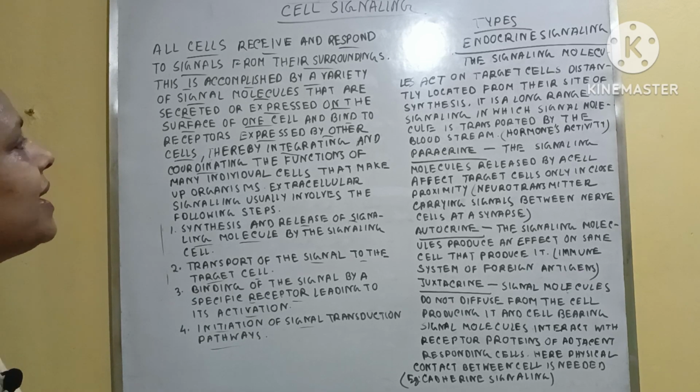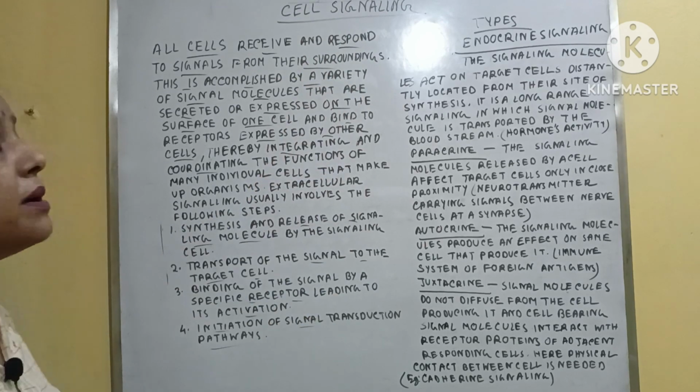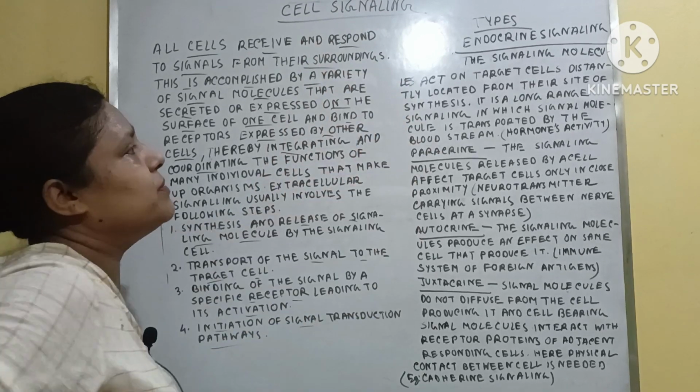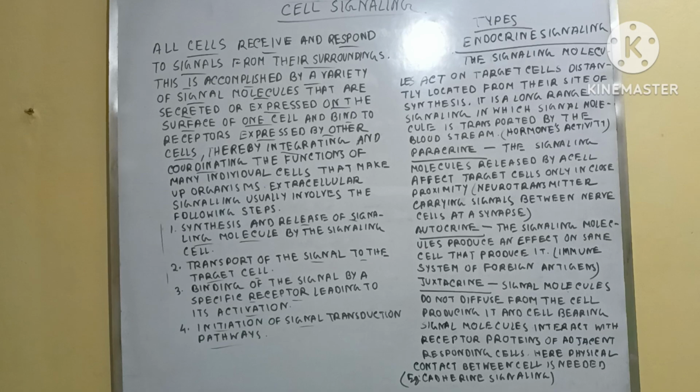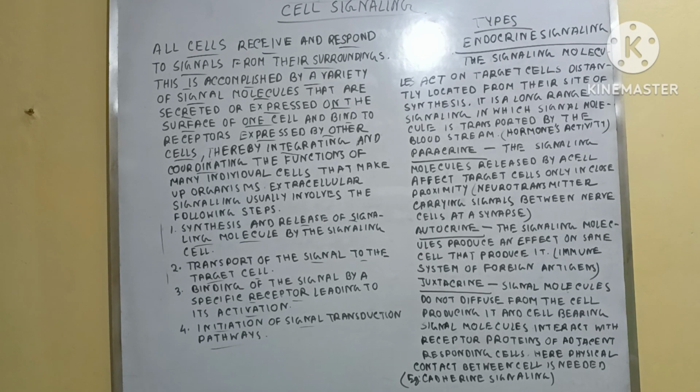Okay, so here are the types of cell signaling. First one is the endocrine signaling, second one is the paracrine signaling, third one is the autocrine signaling, and fourth one is the juxtacrine signaling.